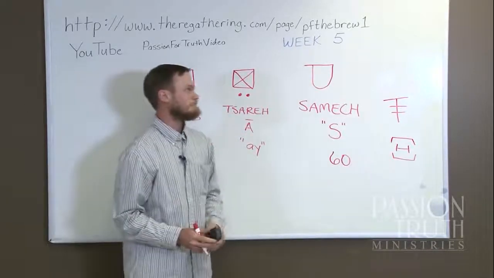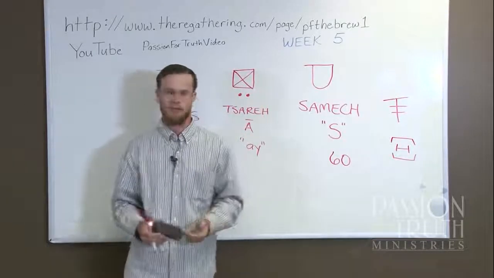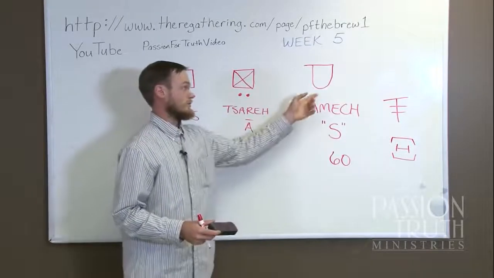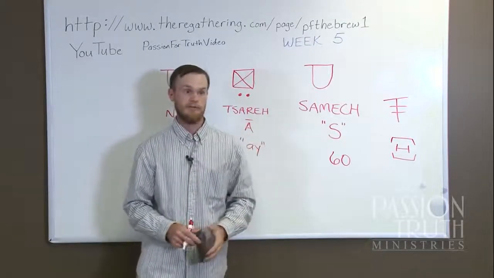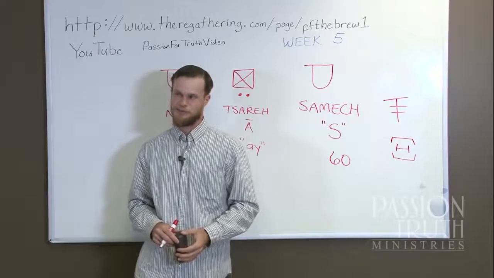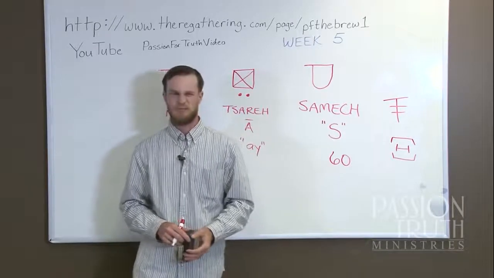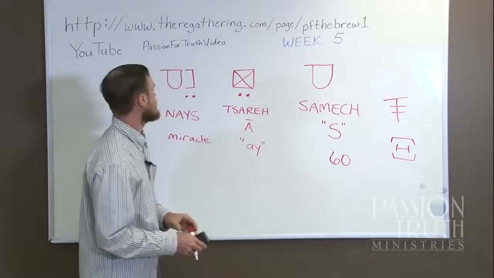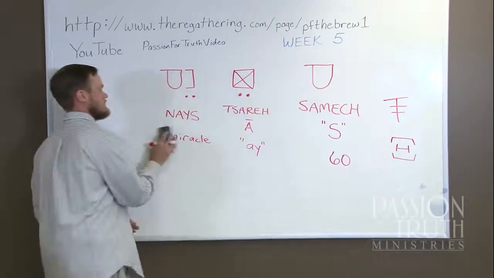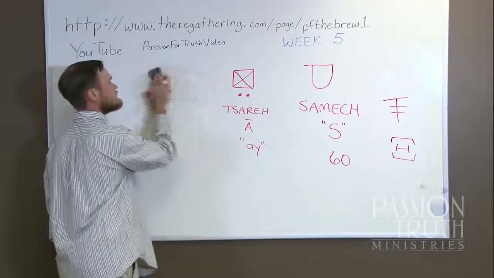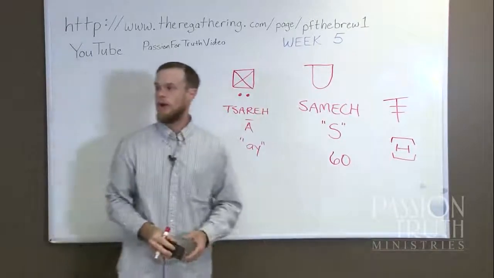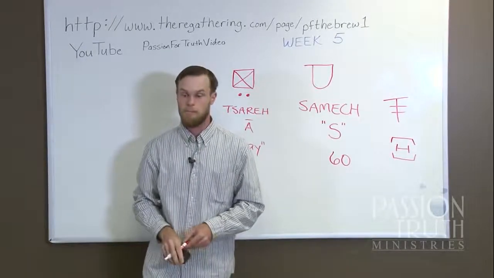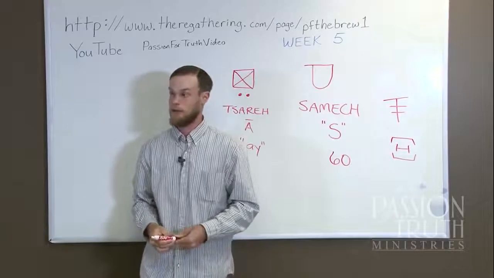In fact, when we get there, you'll be able to see the contrast, but there are actually some words in the scriptures that are spelled interchangeably. Sometimes they're spelled with a samech, and sometimes they're spelled with a sin. It's not real frequent, but it does happen. Okay? My theory is that the scribe misspelled it.